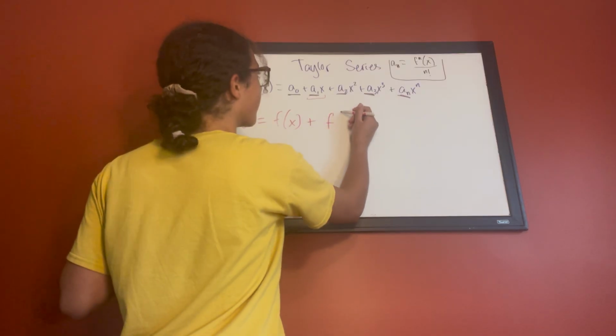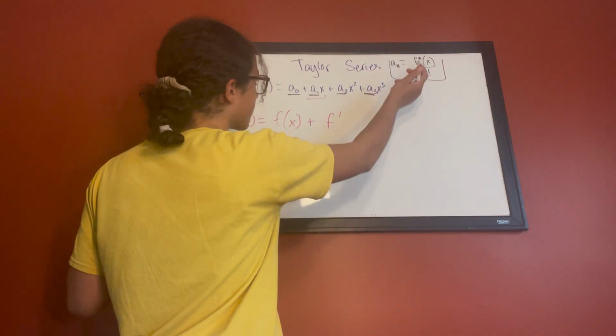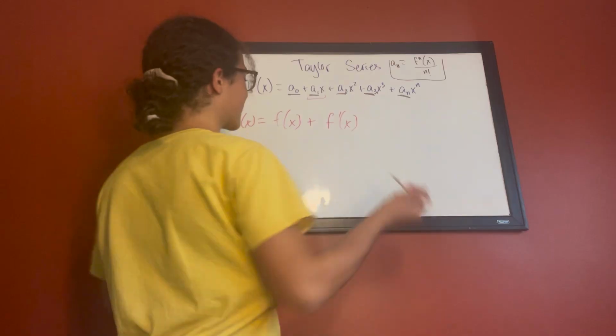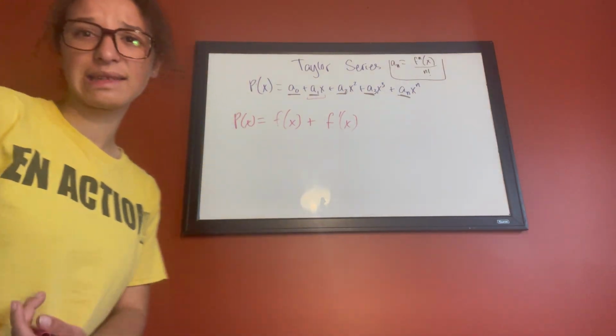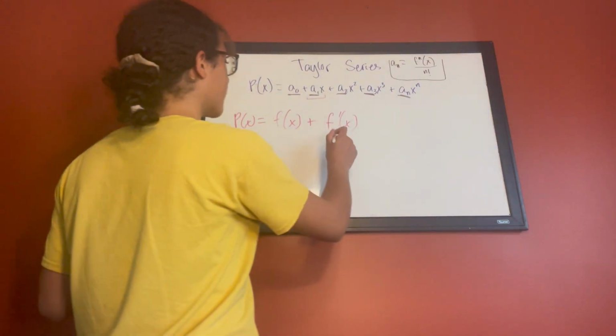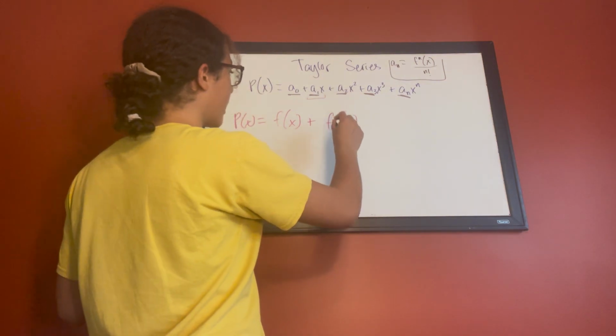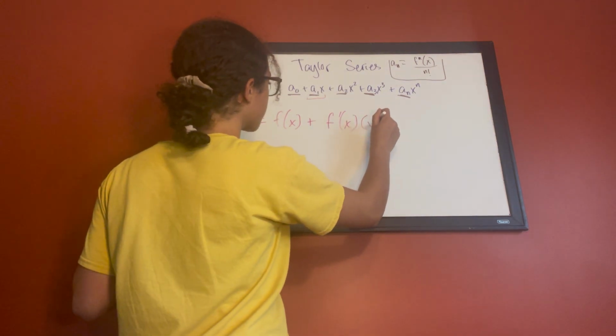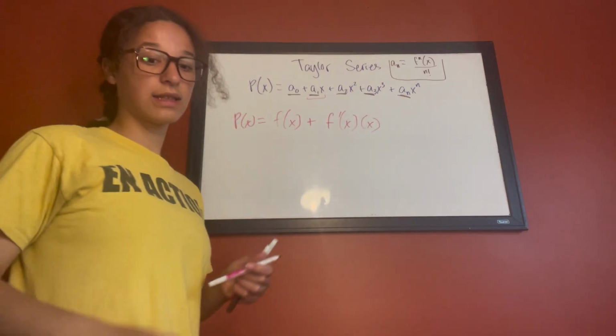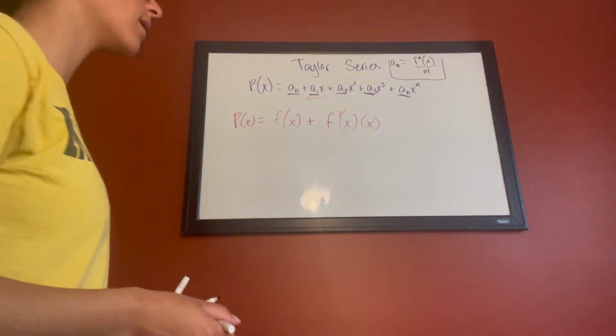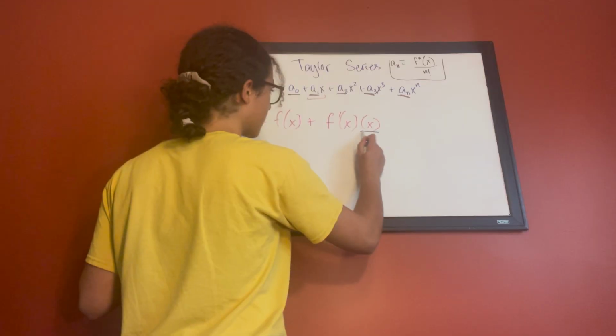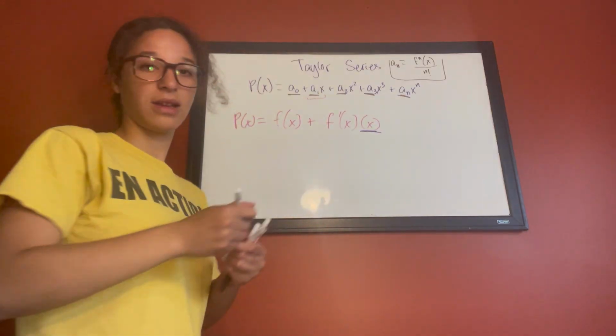Right? So we have f prime of x, first derivative. I guess the 0th derivative just means f of x. But anyways, f prime of x times x, right? Let's not forget that it's still a polynomial series. This is still a coefficient, even though it's a derivative.